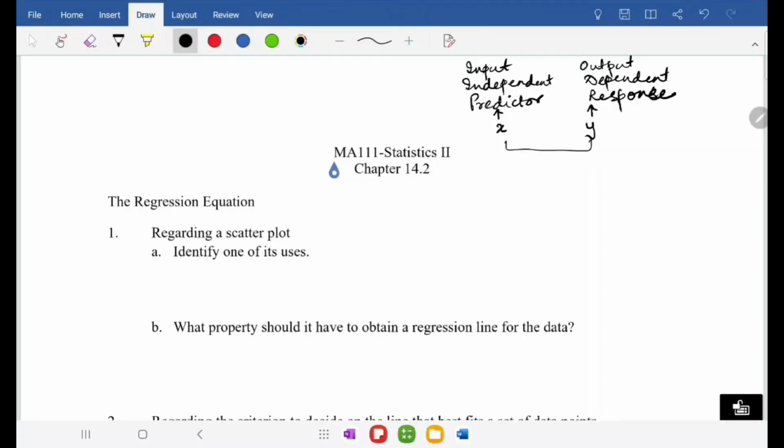Since we are talking about linear relationships here, there can be non-linear relationships as well between variables, but for our course, we are only focused on the linear relationship. When we are given the actual data, there's no way for us to know whether there is any relationship between the two variables, and if there is, what kind of relationship they have, right?